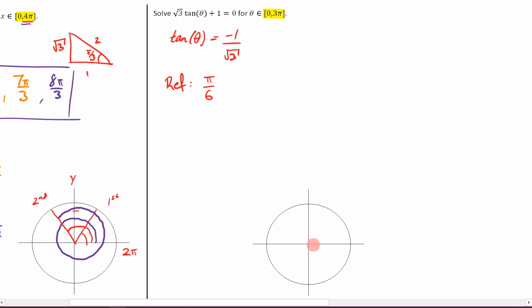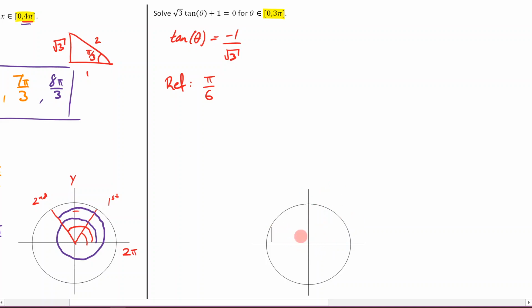So again, the way I like to think about it in terms of my reference angle, so I'm looking in my first quadrant, I've got 3 reference angles, here, here, and here. And because tan is just a gradient, I've got this one, this one, and this one. I know this is my lowest one, so it's going to be pi on 6. Remember, I'm ignoring that sign as well. Now, it's negative, so I know tan is going to be negative here.